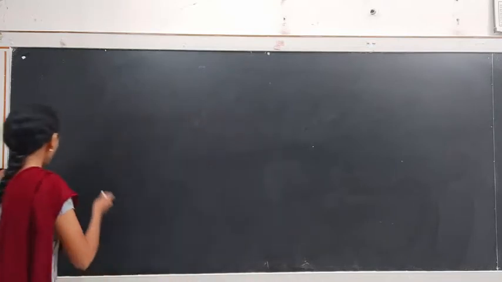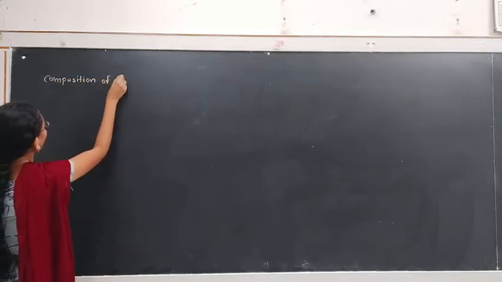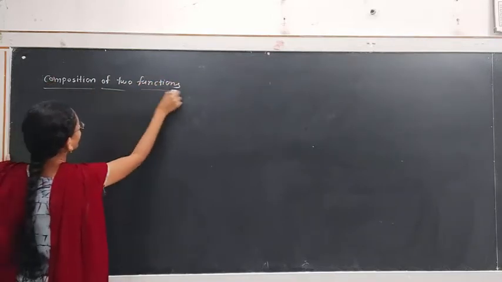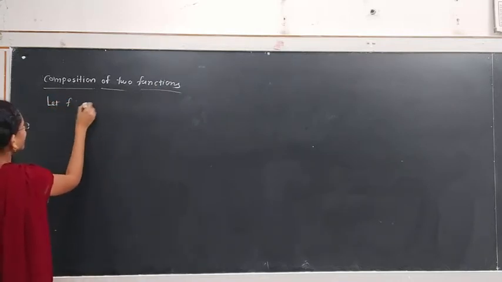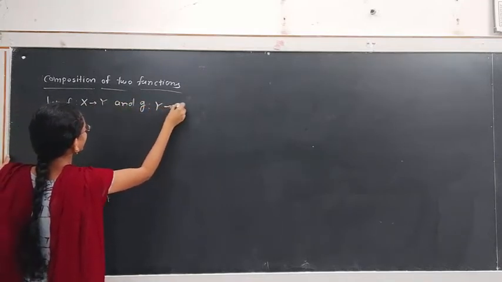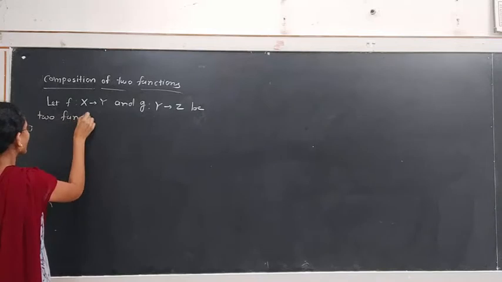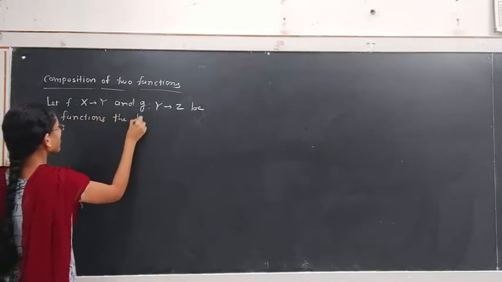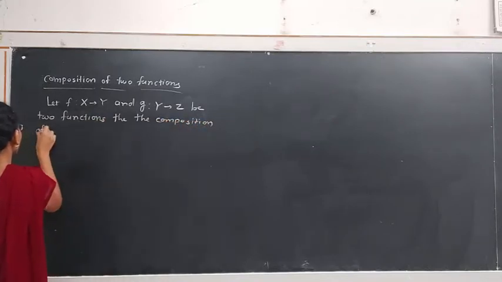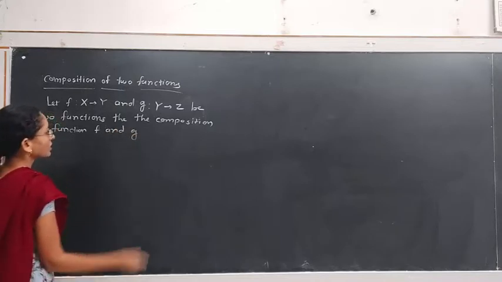If we have two functions, f from X to Y and g from Y to Z, then the composition of functions f and g is again a function.